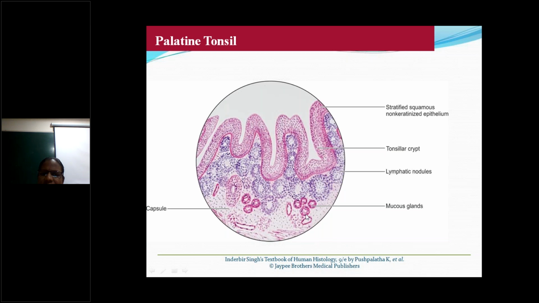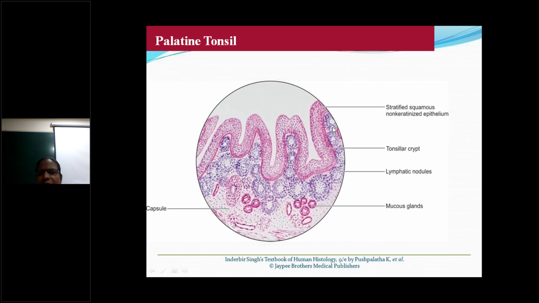Below the tonsillar crypt, you are able to see groups of mucous glands. Stratified squamous non-keratinized epithelium is also called wet epithelium.